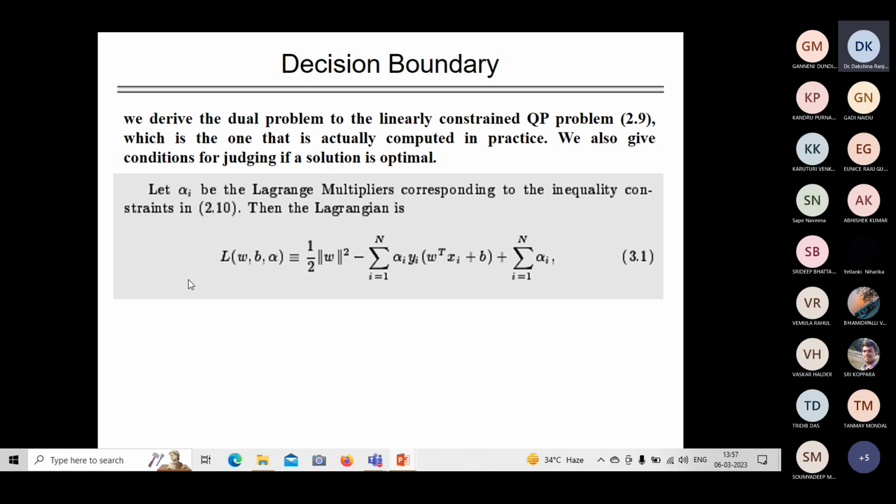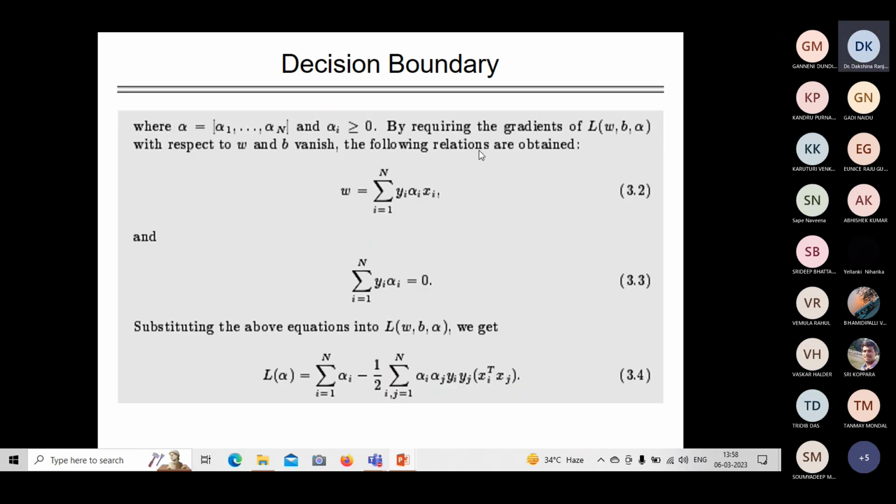This will give us two different partial derivatives, and these two partial derivatives will be equated to 0, because we need to estimate the weight vector and bias from this Lagrangian. Therefore we need to get these extrema, one for the weight vector, another for the bias.